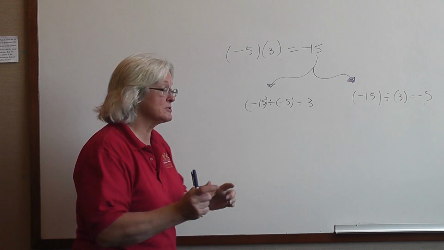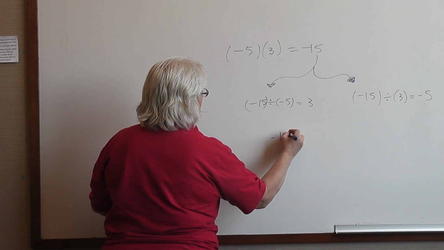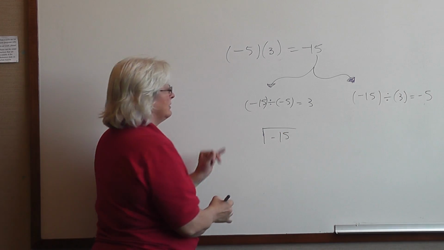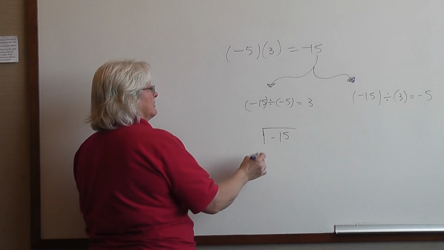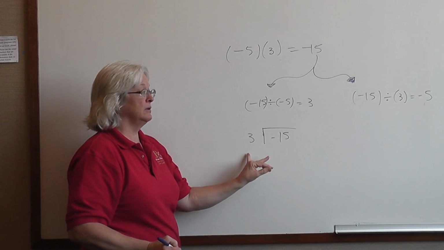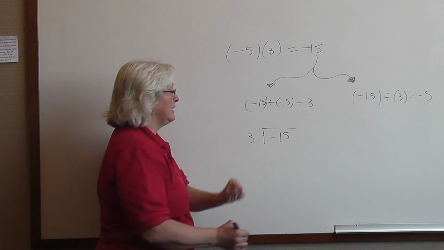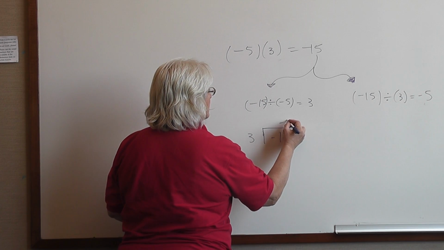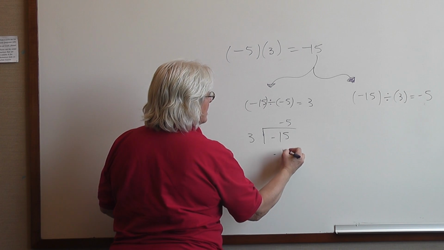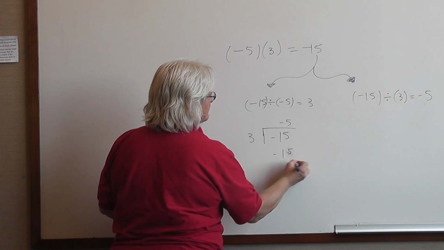It's always going to be that product, and you're going to divide it by one of the factors. Negative 15 divided by a positive 3 is going to be the remaining factor, negative 5, because negative 5 times a positive 3 gives us a negative 15.